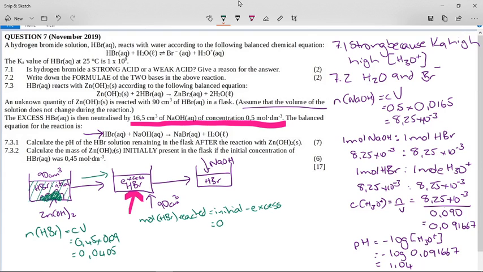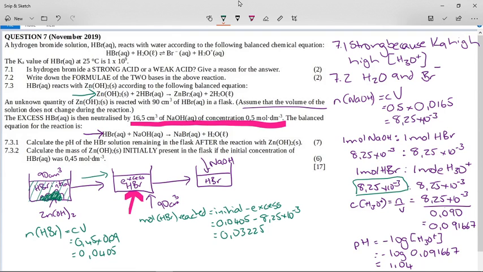So we take the initial value that we've calculated from the concentration in the question, and we take out this value over here, okay? Because this is what we worked out from the titration reaction. So that was what was excess. So if you subtract these two, you end up with 0,03225 moles.